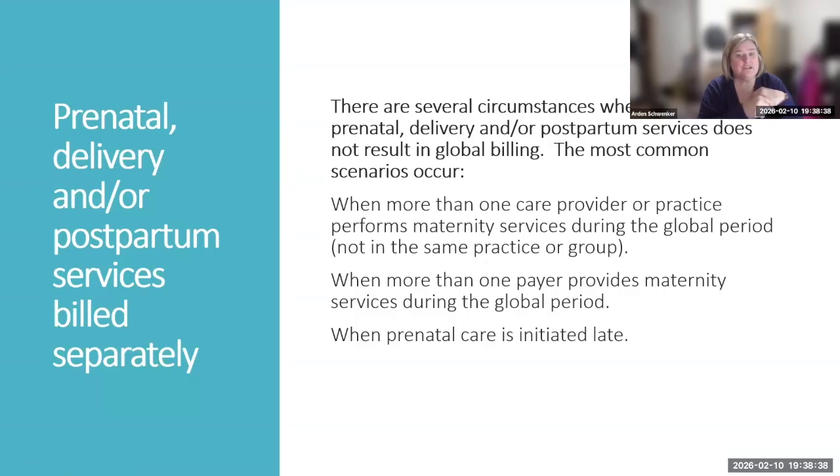Or their insurance changes during maternity. So they change from Aetna to Blue Cross Blue Shield, for example. Or if prenatal care is initiated late. And when prenatal care is initiated late really depends on the payer. If they've had no prenatal care prior to coming to your practice, typically the payer will still want you to bill globally.